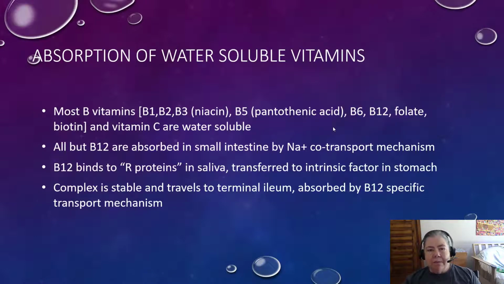This is a stable complex that then eventually enters the small intestine with the chyme and stays in the chyme to the terminal ileum, where there are cells that have a specific mechanism for absorbing vitamin B12. So if we don't make intrinsic factor, we don't absorb vitamin B12. If we don't have a terminal ileum or have a sick terminal ileum, we don't absorb vitamin B12.